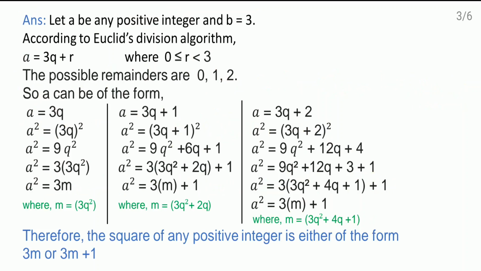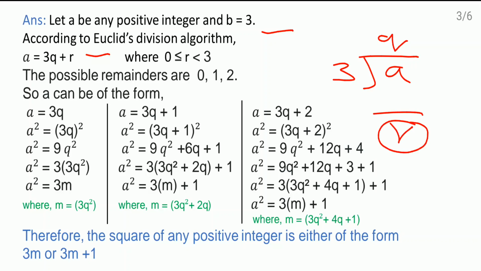Here, let a be any positive integer and b is equal to 3. So according to Euclid's division algorithm, we will write down our integer as a which is equal to 3q plus r, where r is greater than or equal to 0 but less than 3. Try to understand. Suppose here I said our a is there, here 3 is there, here q is there, and here remainder.